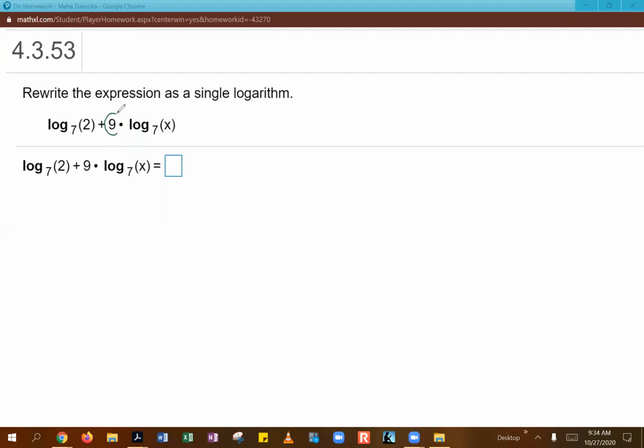You will have to take this 9, and since the 9 is being multiplied into the log, that's how we know this is the reversal of your power rule. So when you put it back, you should have log of 2 with base 7 plus log of x to the 9th power with base 7, because this is us reversing the power rule.